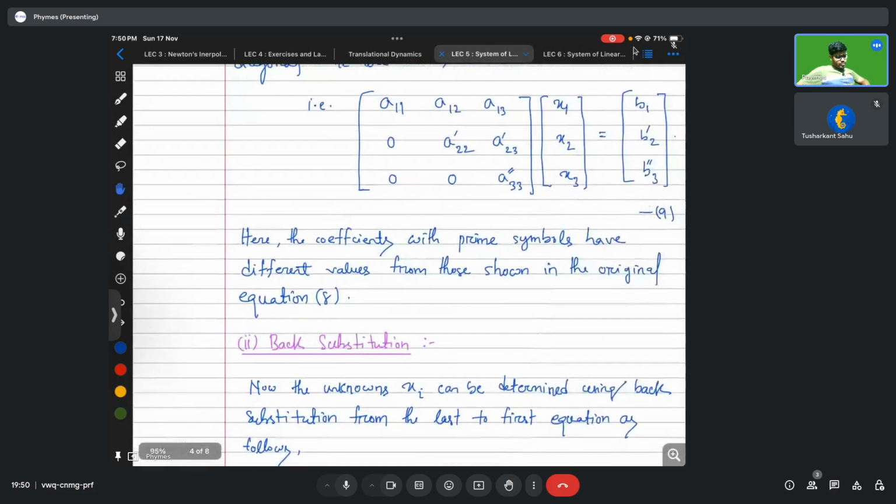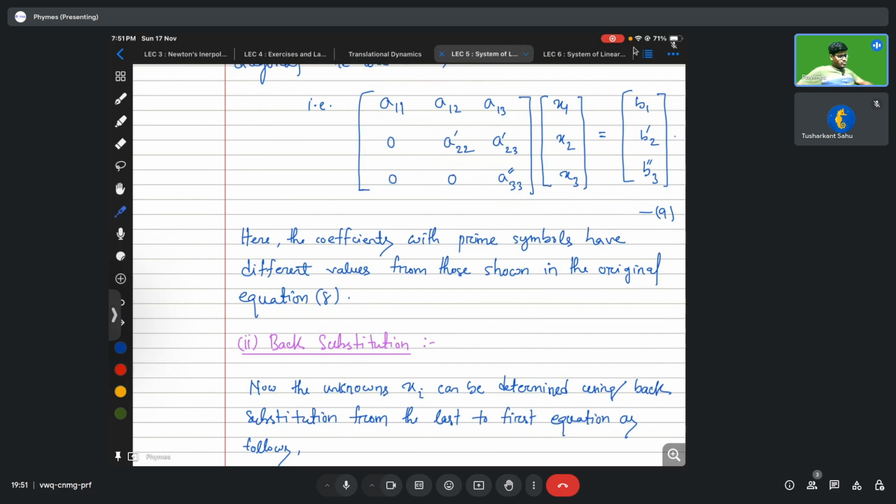So that is why we are denoting them by a22 dash, a23 dash and a33 double dash. These elements will remain the same. a22 will change once, a23 will also change once, and a33 will change twice. That is why there is a double dash symbol.